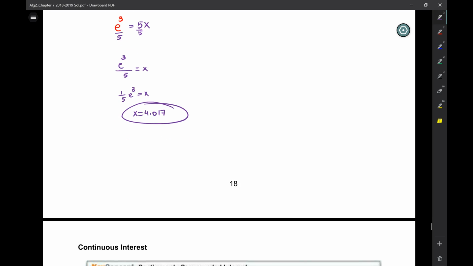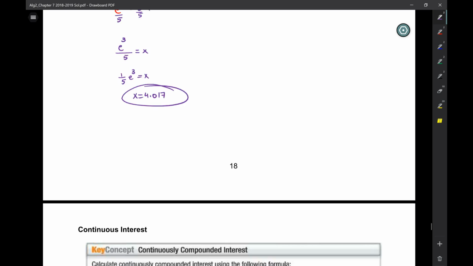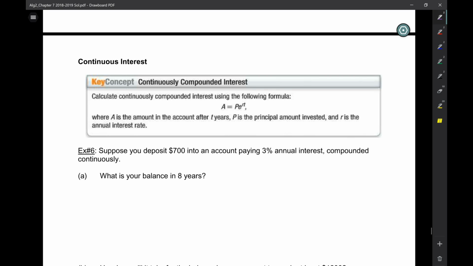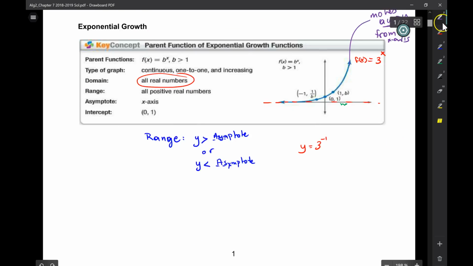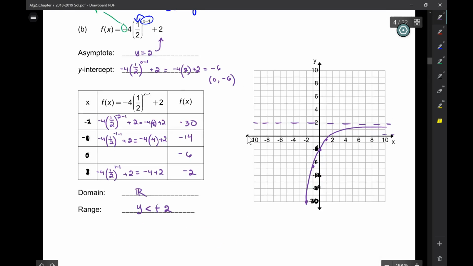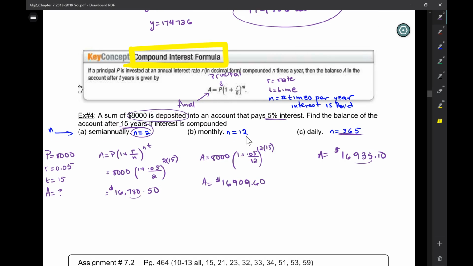Where is the best place that this is used? Compound interest. In the beginning of this chapter, we talked about compound interest in the second section.